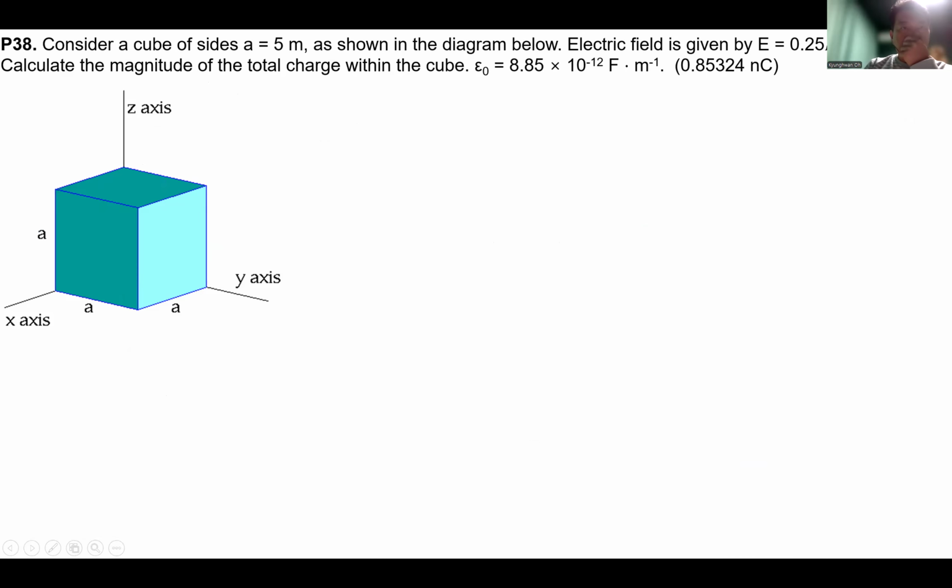Now let's try to think about a cube of side A. Okay, so that we have A given by 5 centimeters. So we have the x-axis, y-axis, and z-axis. And note that the electric field is given by some weird number, but it is along the i direction, which means along these directions.